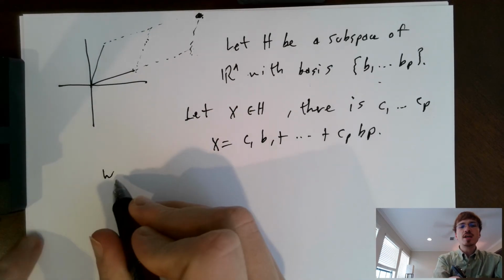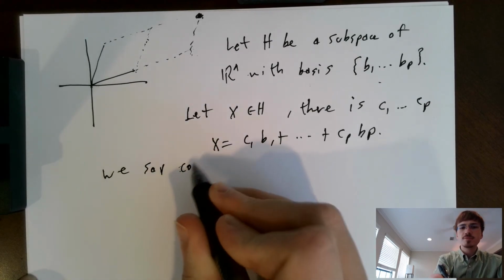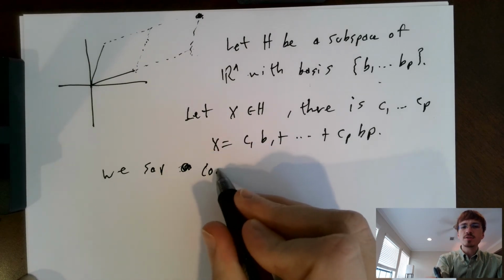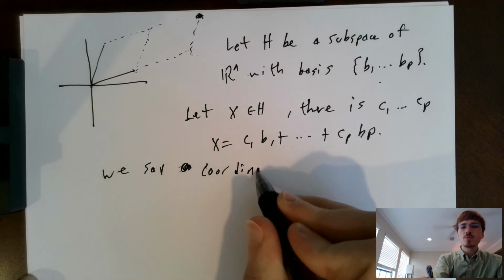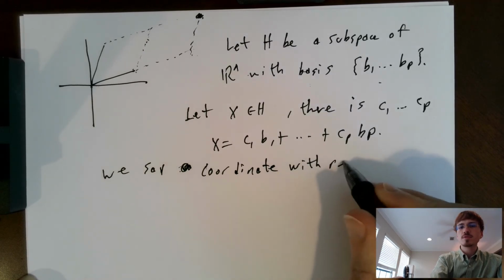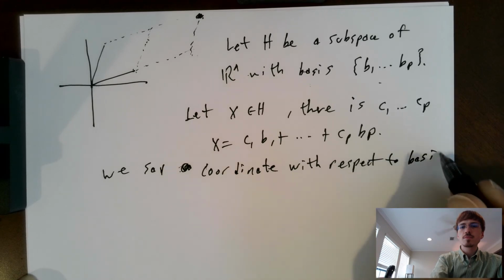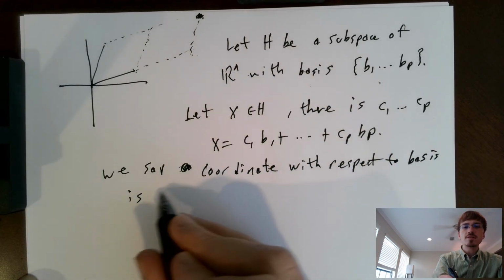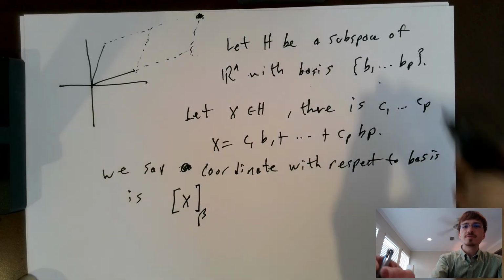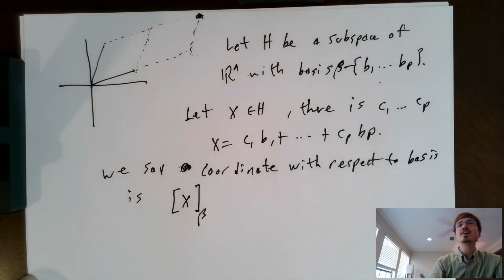And we say the coordinate with respect to the basis is, and we're going to notate this as x with a beta, where maybe this basis has name beta. Suppose this set of vectors has a name beta.